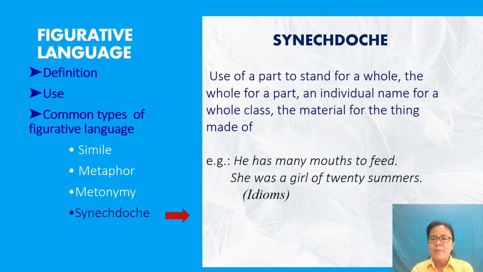He has many mouths to feed. He has only one mouth, but here he has many mouths to feed means he has many dependents. He has many people to support. She was a girl of 20 summers. 20 summers have passed and she has witnessed all this time, and it means that she is 20 years old now.